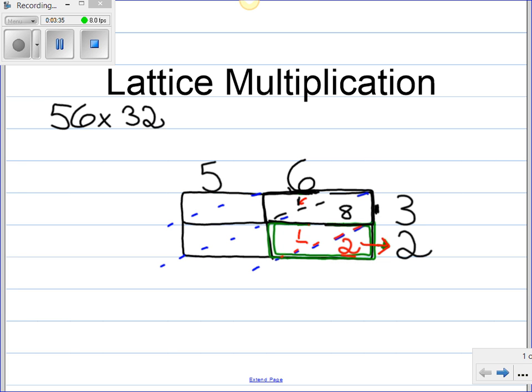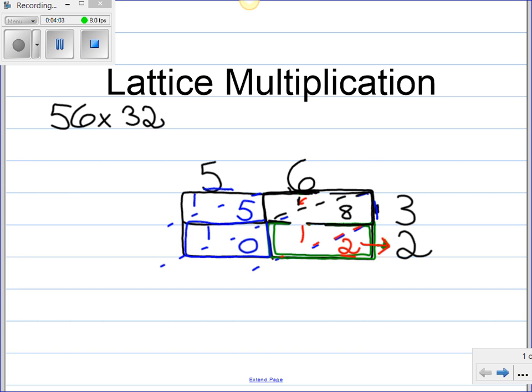These diagonals are important for us to make sure that we have them all lined up. I'm going to get rid of this underlined part, it's going to start looking confusing. Next one, we go up and over. 5 times 2 is 10. And then finally at the top, we have 5 times 3, which is 50.